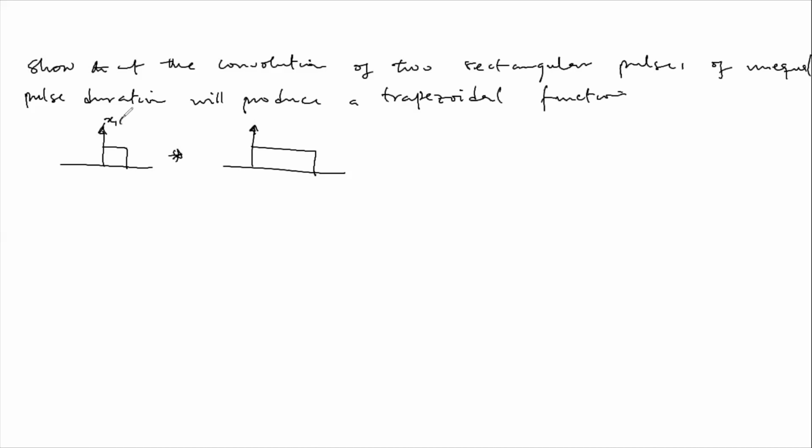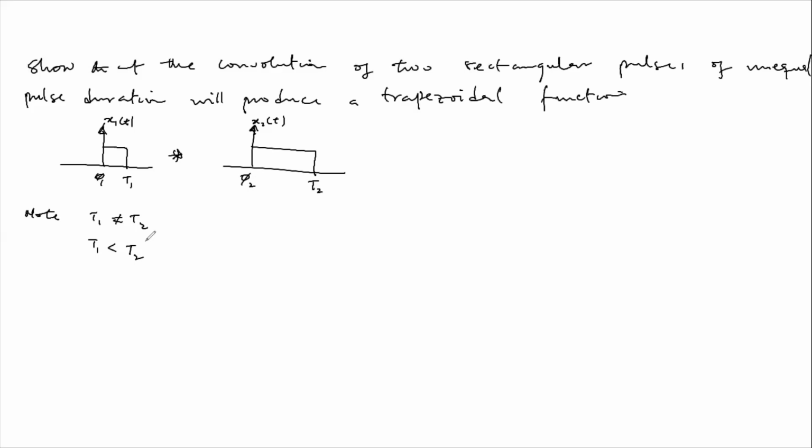So this is S1 of t, this is S2 of t, this is phi 1, this is t sub 1, this is phi 2, this is t sub 2. So in this case, note that t1 is not the same as t2, and that t1 is less than t2.